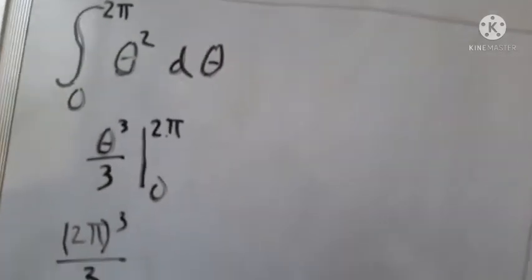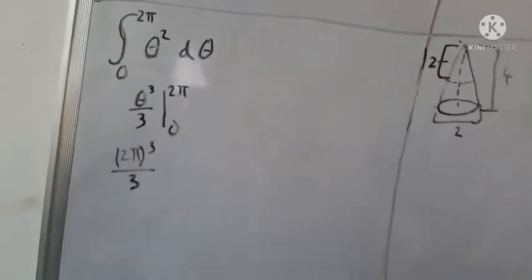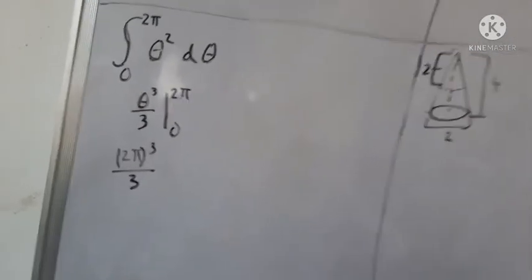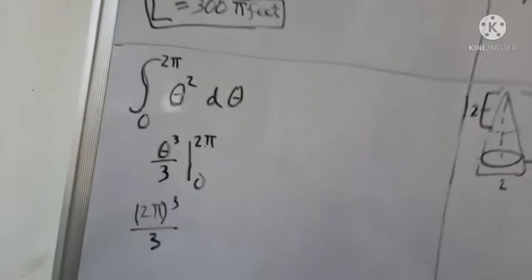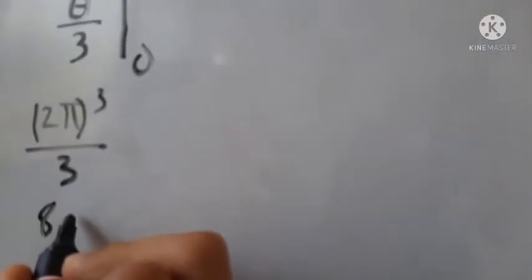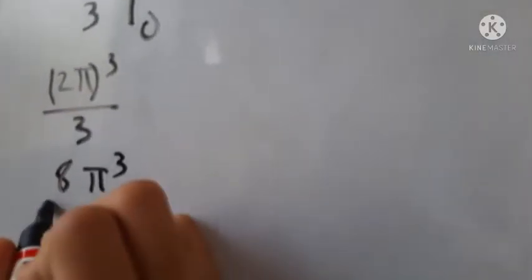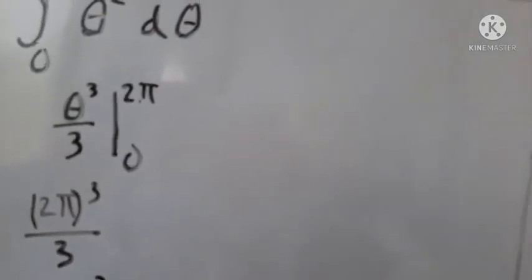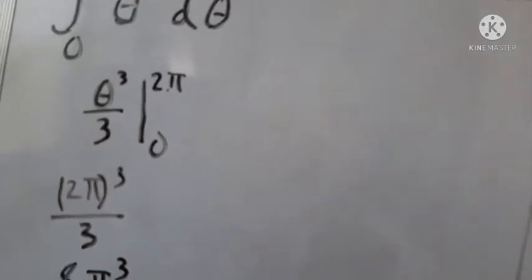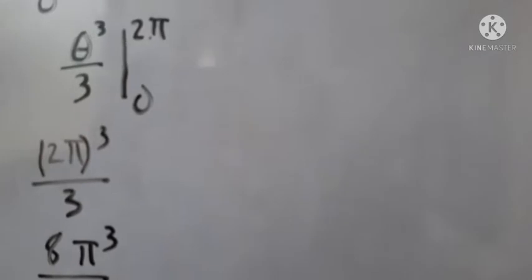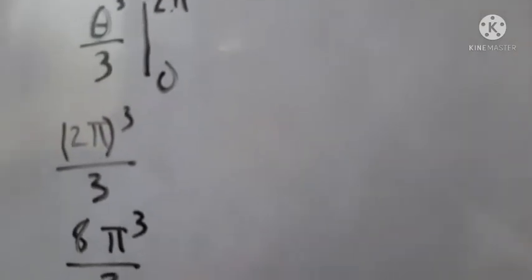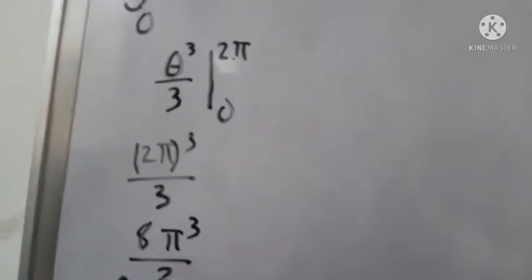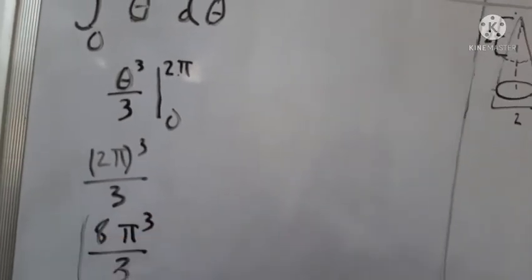Remember to put the parentheses around these because it tends to make you lose a lot of points. Now we have 8 pi cubed upon 3. That 3 doesn't look nice. Yep, 8 pi cubed upon 3 is our result.